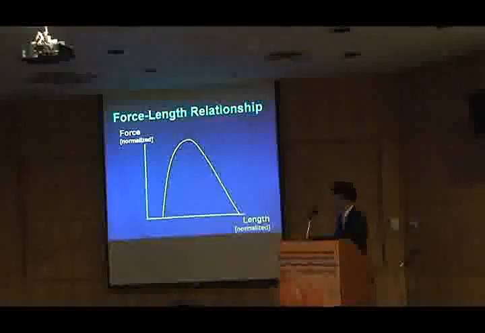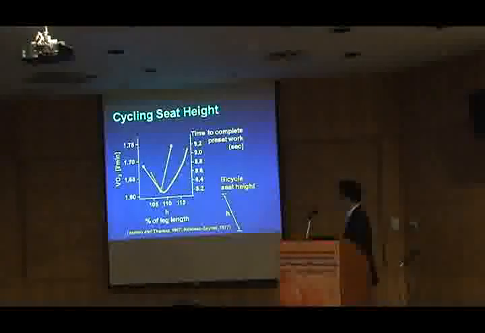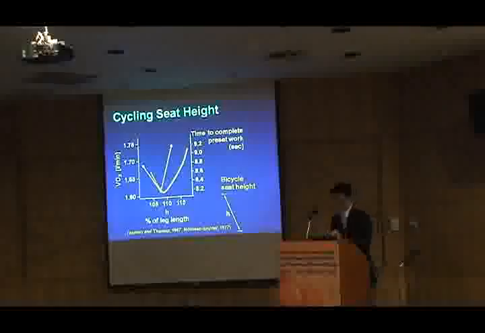So this is a force-length relationship, and you can see you can get the maximum force production at a certain length. It is important when you design this. For example, this is a cycling height, this height. Based on this graph, the optimal height of the bicycle is important for the cyclist to complete the work with less time and effort.